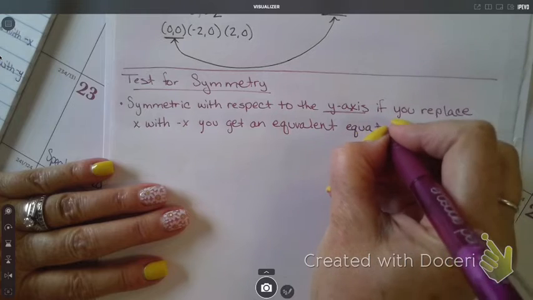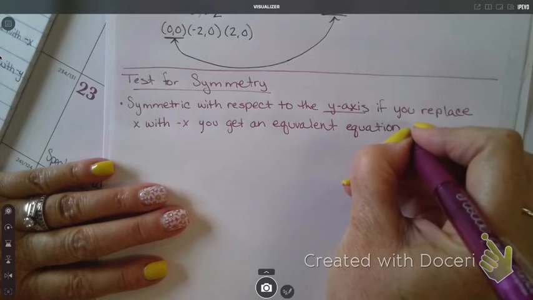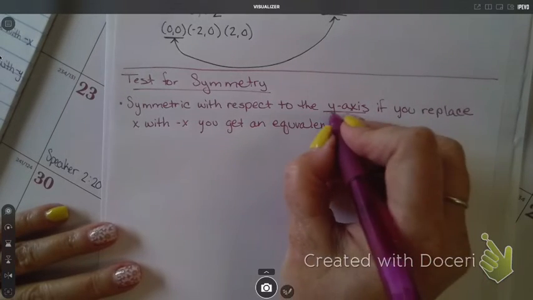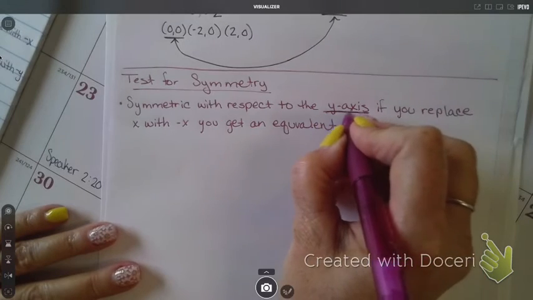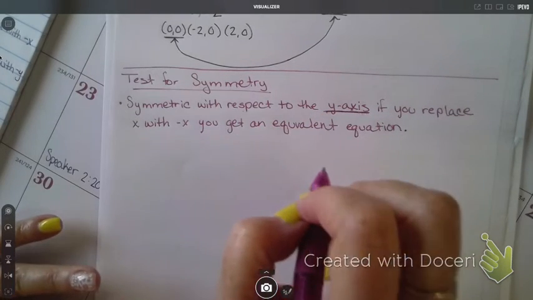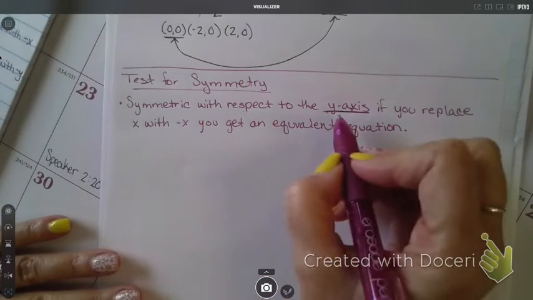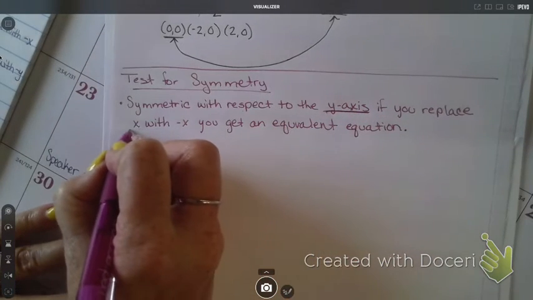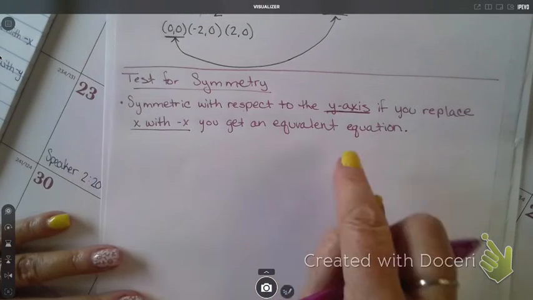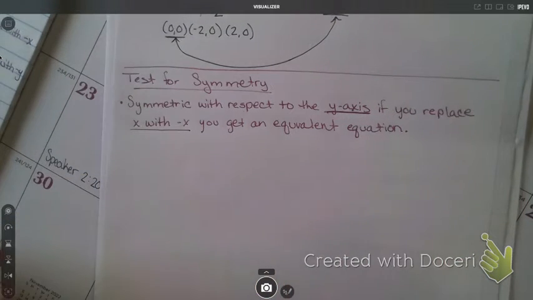So what does equivalent equation mean? It's the same. When it's symmetric about, I usually use about, the y-axis, you're replacing x with negative x and then simplifying, and you should get the same exact equation you started with.